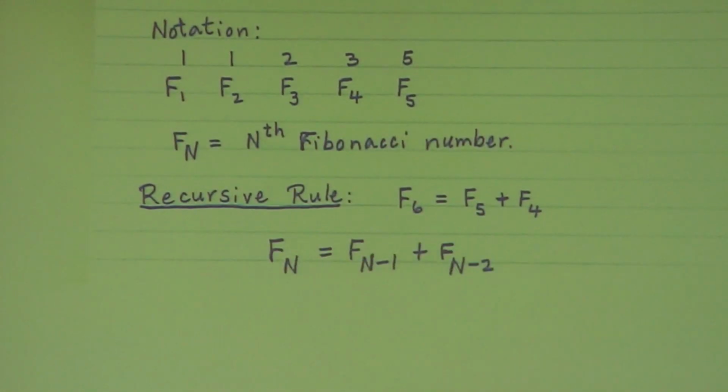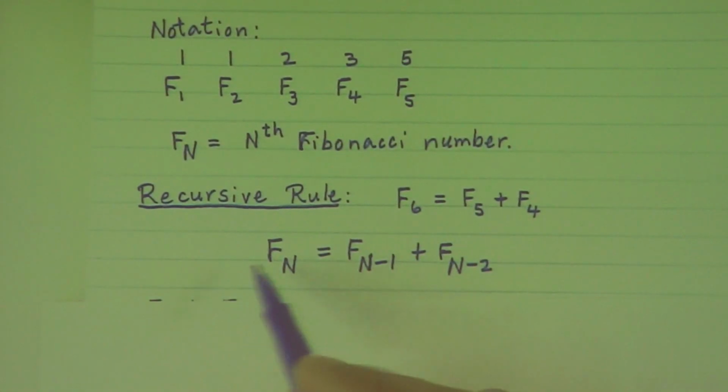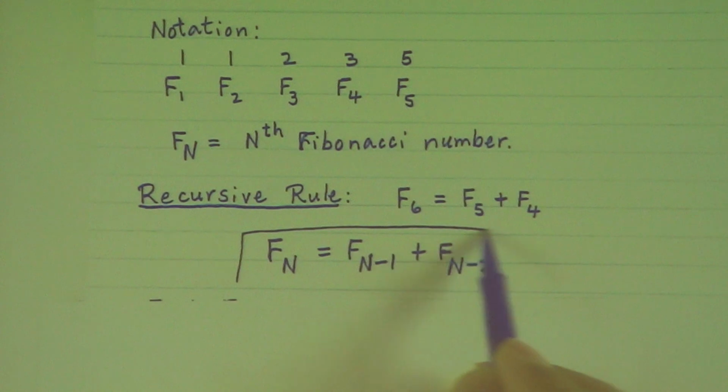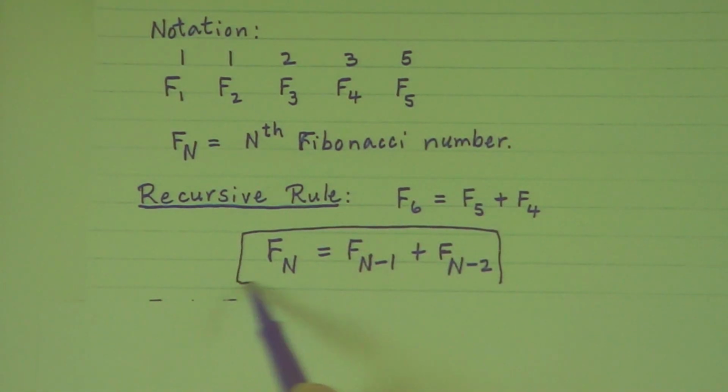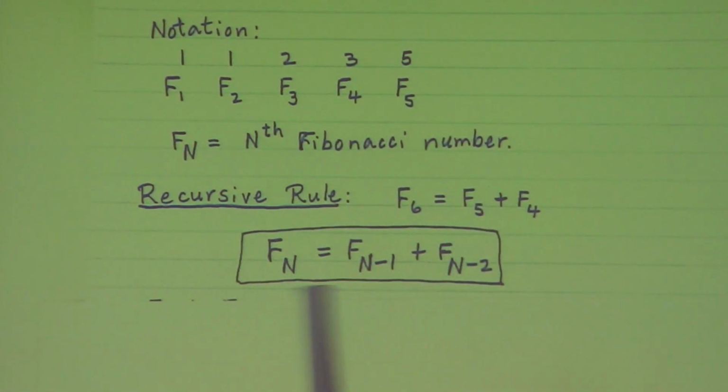So, in general, here's your formula. To find the nth Fibonacci number, you take the 1 before n, that's n minus 1, and the 1 before that, add those two.